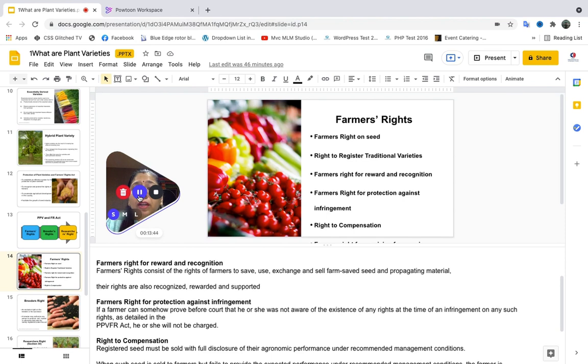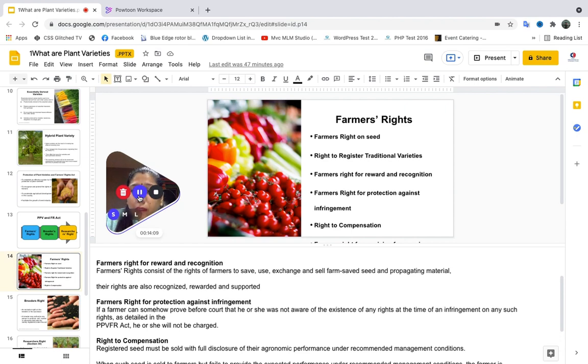The farmer's right consists of the right of a farmer to save, use, exchange, and sell farm-saved seeds and propagating material. For this right, they are recognized, rewarded, and also supported by the government to enhance productivity. The fourth right is the farmers' right for protection against infringement. Now, what does this mean?